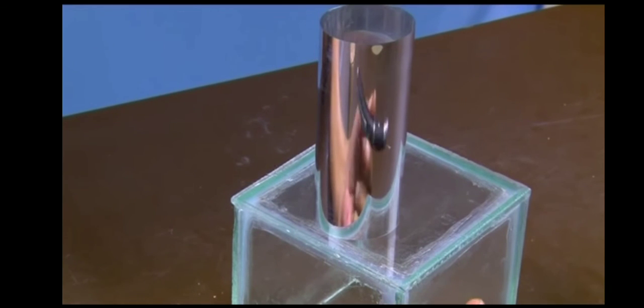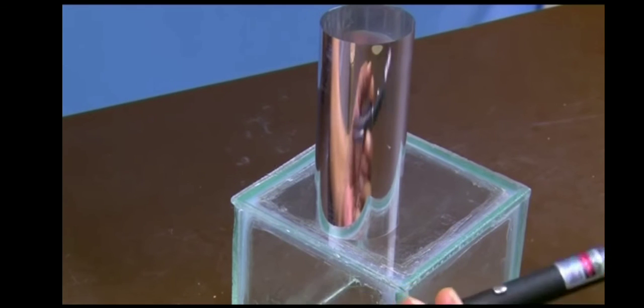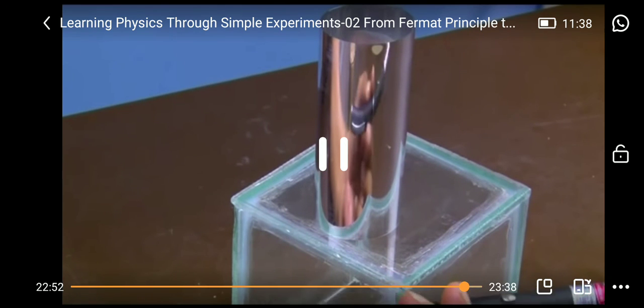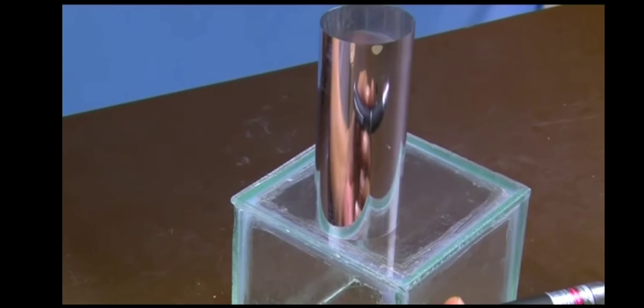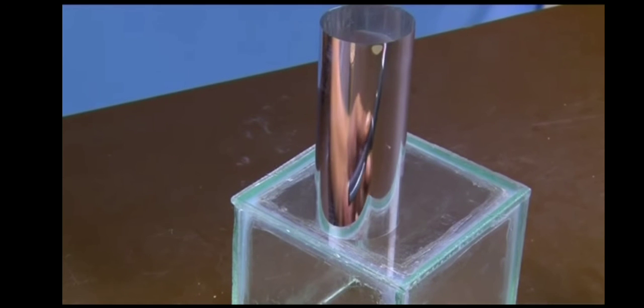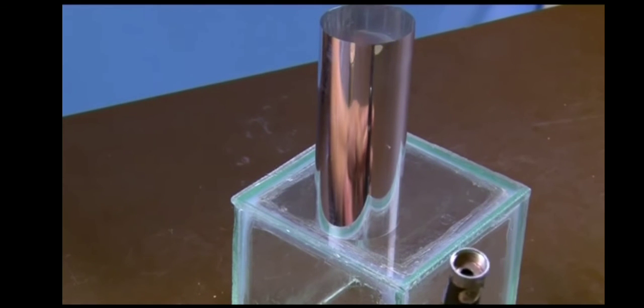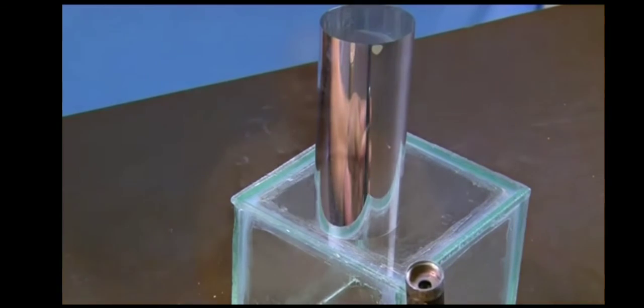I am rotating the torch a little bit and see what kind of shape the image has. And if it is vertical, then it is a straight, thin image.